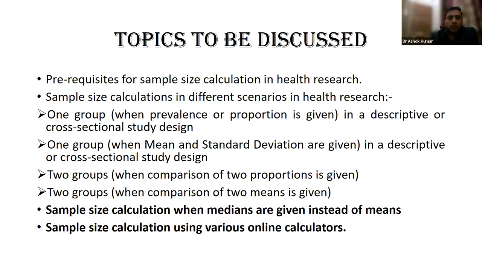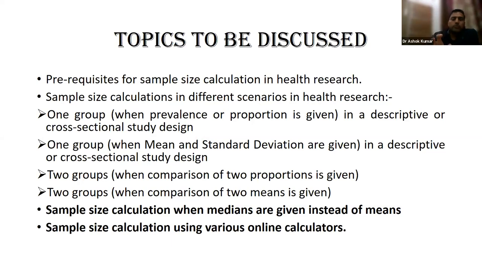And if there is only a single group, for example in a descriptive or cross-sectional study design, we can calculate sample size for prevalence or proportion. Or, with a single group, instead of prevalence or proportion, we can calculate sample size for mean and standard deviation in a descriptive or cross-sectional study design.